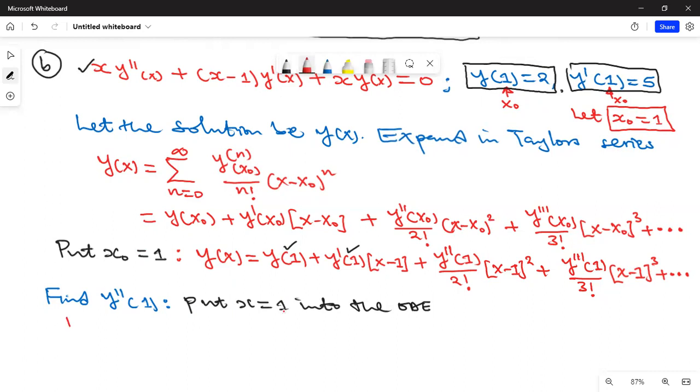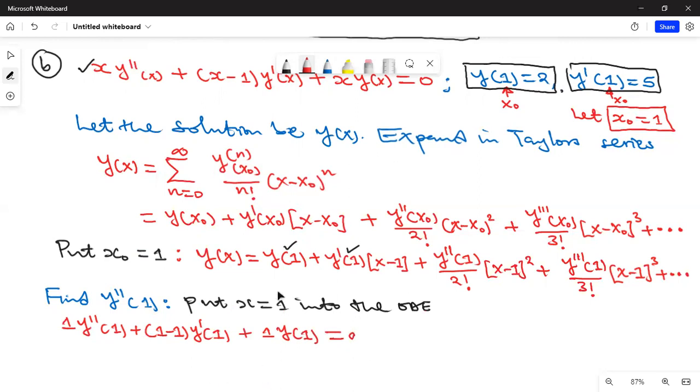You're going to get 1 times y double prime of 1 plus (1 minus 1) times y prime of 1 plus the other one is x, which is 1 times y of 1. That should give us 0.